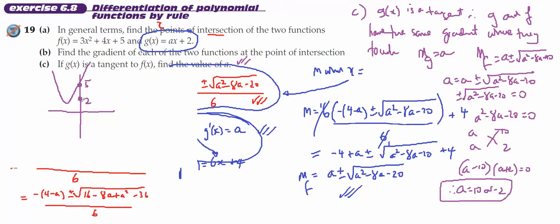When a equals negative 2, the gradient of the line is negative 2, and that might give you one of the tangents. And when a equals 10, you also get another tangent.